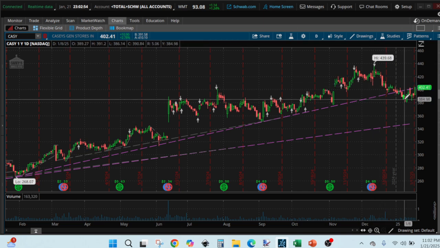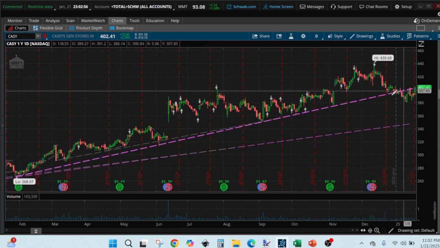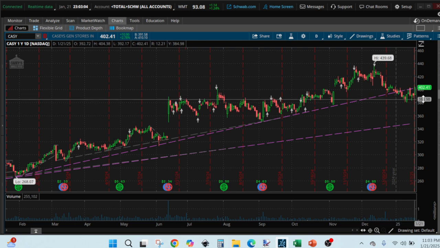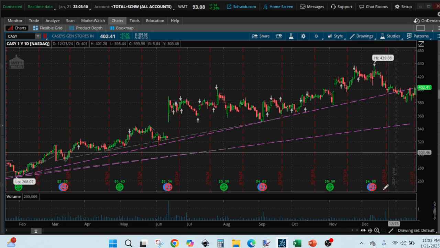So now that this one is around the trend line we like to buy, we can explain the next step in the long uptrend line swing trading strategy, which is to wait for higher lows around that trend line before you buy.